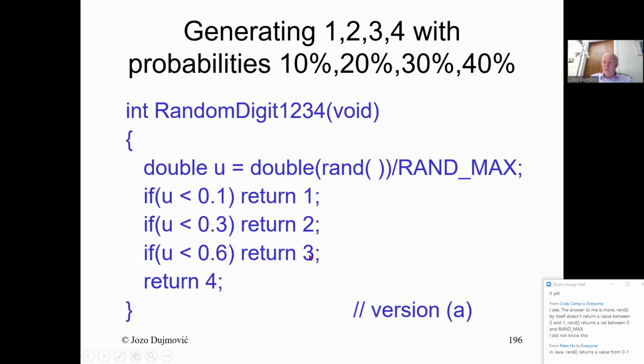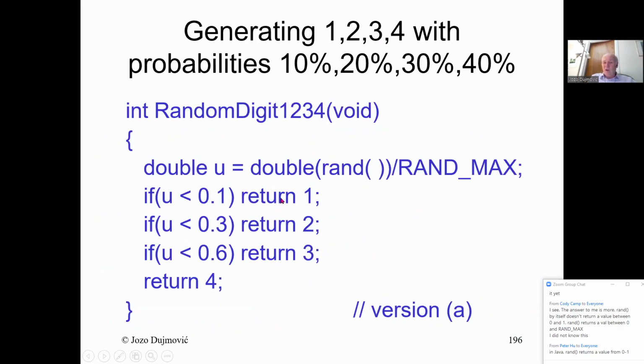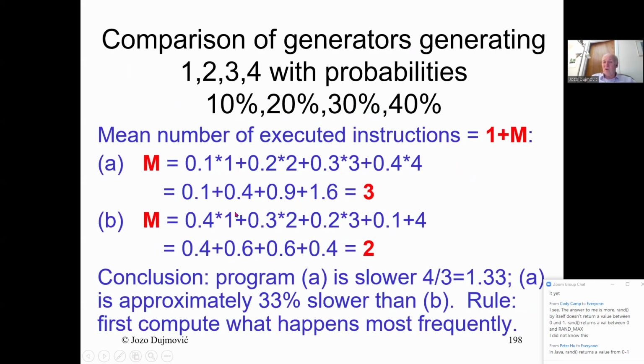With 30%, I have 3. With 40%, I have 4. So what's going to be here is 0.1 times 1, 0.2 times 2, 0.3 times 3, and 0.4 times 4, which gives me that this first program has, on the average, 3 statements.